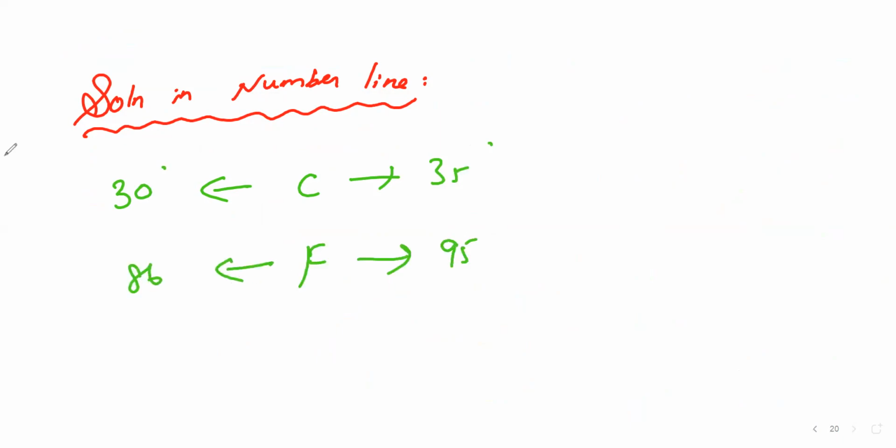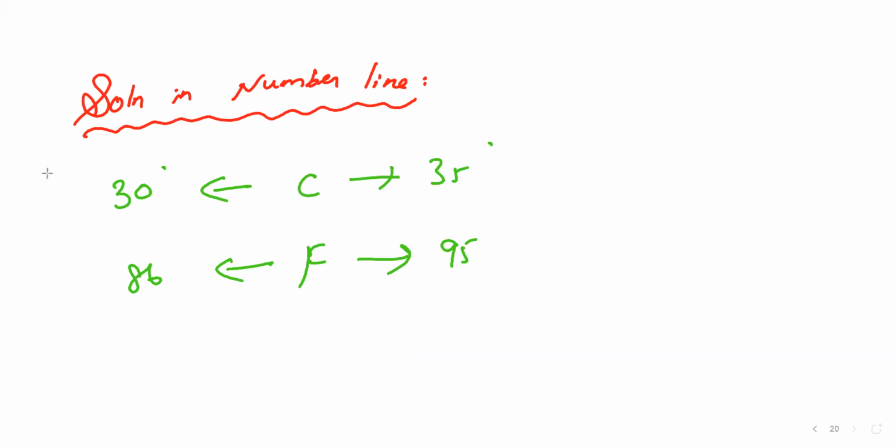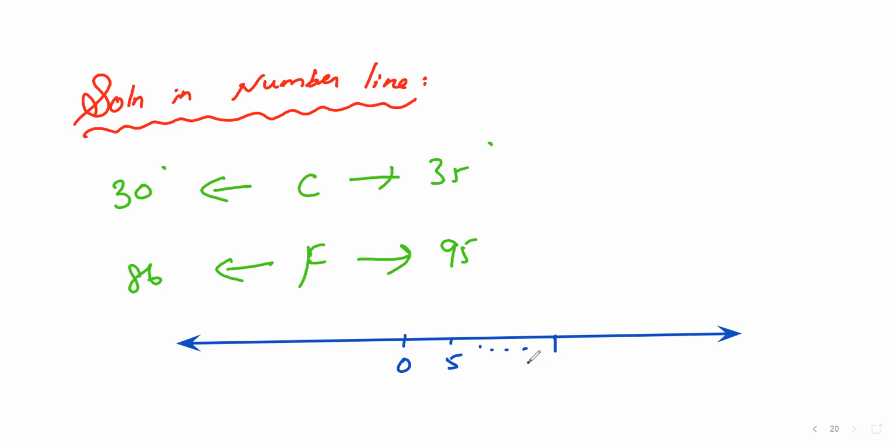How to represent this on the number line? Always do the representation on a number line. Here is 0, 5, and so on, 70, 80, 90, 100 till infinity; this side is minus infinity. It lies between 86 and 95.